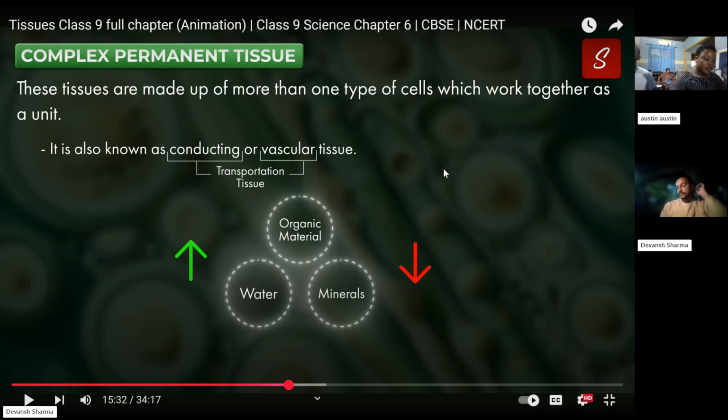Write in your notes: complex permanent tissue are of two types, xylem and phloem.